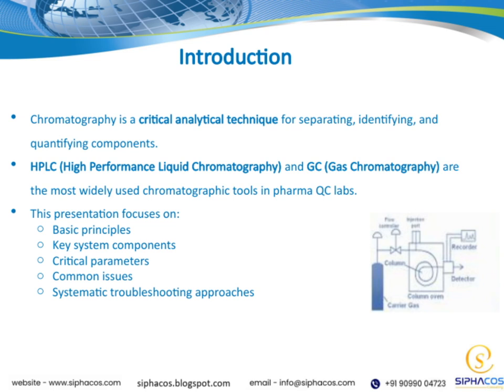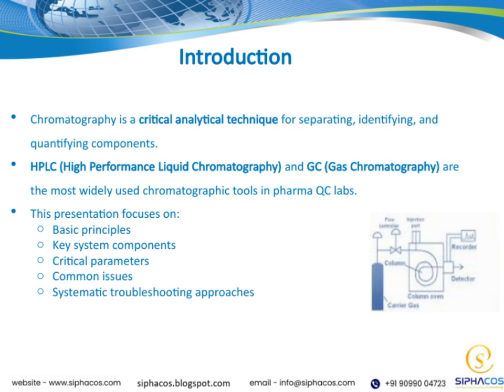This presentation will focus on several key aspects. First, we'll look at the basic principles behind these methods, how they actually work. Then, we'll review the main components of the systems, because understanding what makes up these instruments is crucial for troubleshooting and optimization. Next, we'll discuss the critical parameters that influence the accuracy and reproducibility of results, so you can better control your analyses.